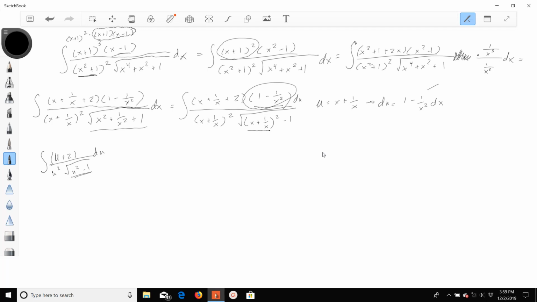So I'm going to let t squared, because if I have it t squared instead of just t, then the square root of t squared will just give me t, which is a lot nicer. So then that t squared is equal to u squared minus 1.